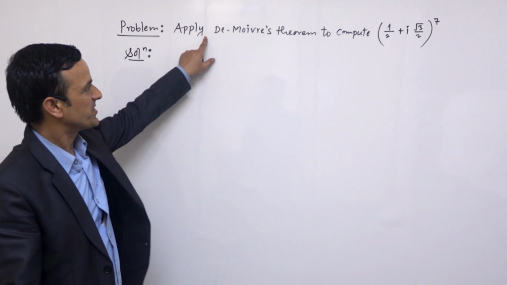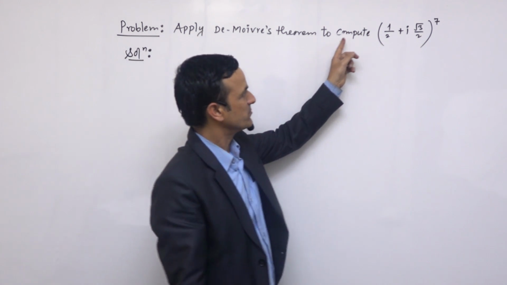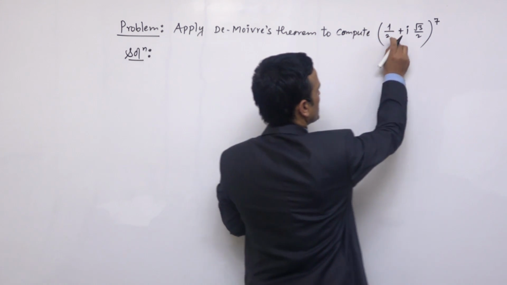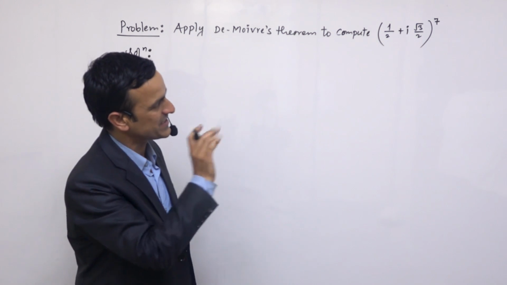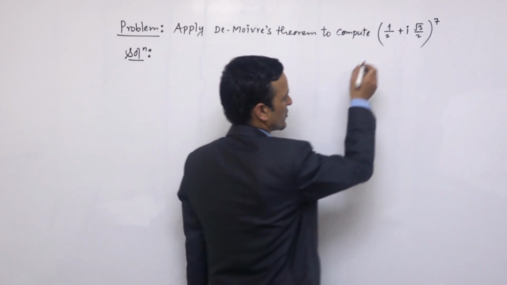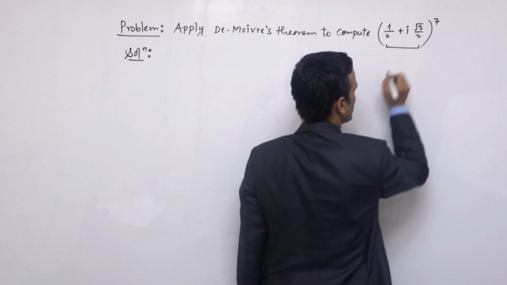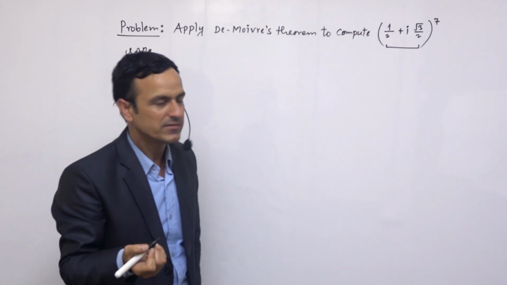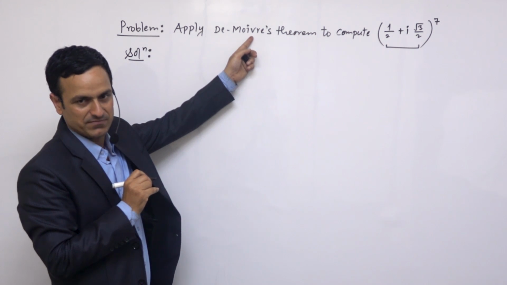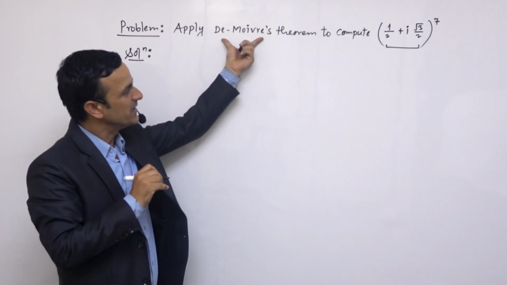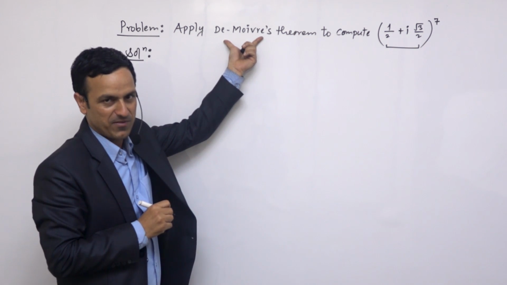Now we have another question. Apply de Moivre's theorem to compute this one, 1 by 2 plus i root 3 upon 2 power 7. So first of all, we have to change this expression into polar form. If polar form छैन भने we can't use de Moivre's theorem. So de Moivre's theorem is directly related with polar form.